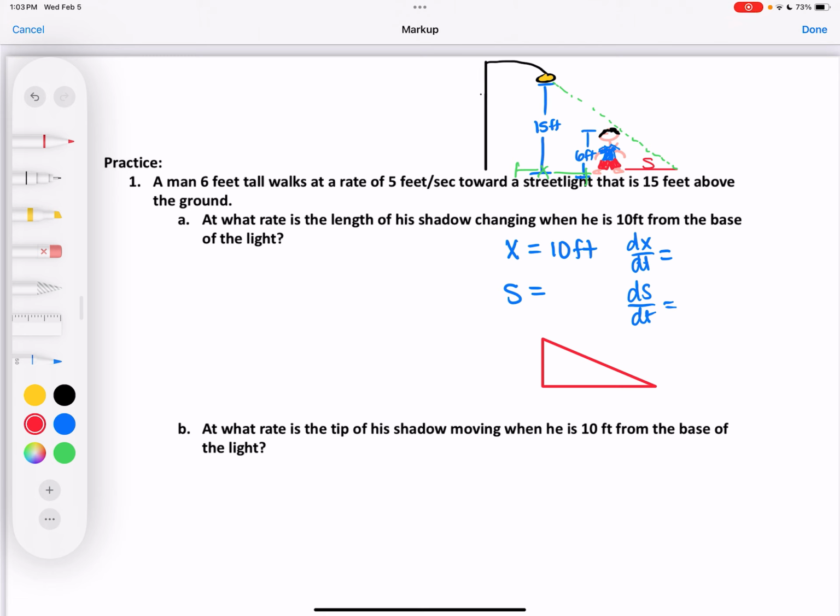So we've got 15 here. I've got 6 here. This is S, this is X.